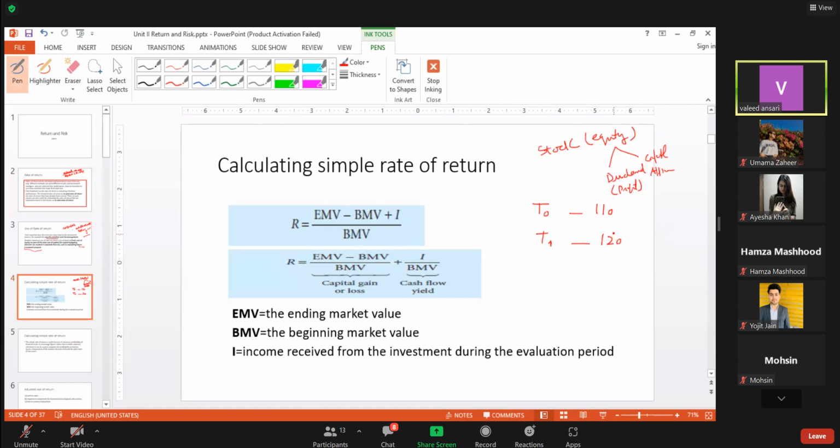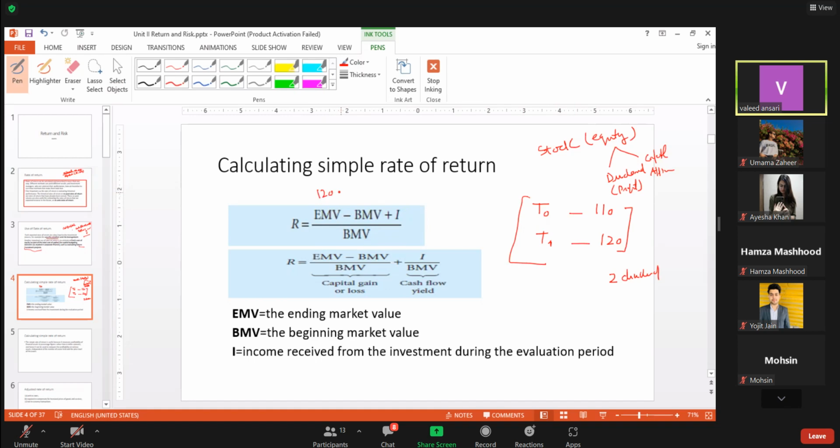Also assume that during this period, let us say 2 rupee dividend is paid per stock. In order to find out how much return has been provided by this security, we will subtract the beginning market value from the ending market value.